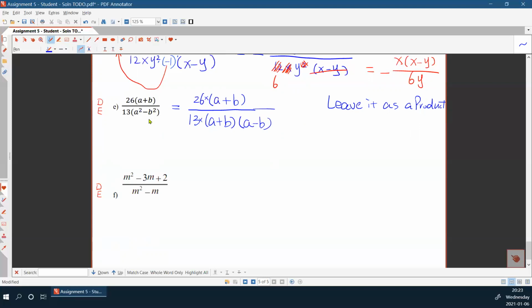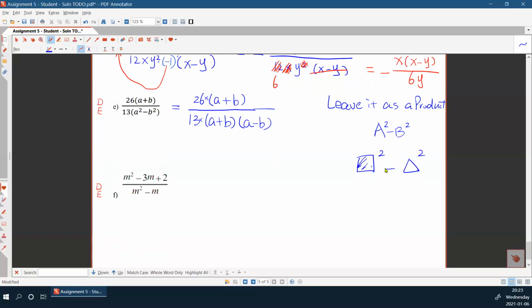Do you recall the rules here? Do you recall the formulas? If you are still not familiar with this formula, write it in your notebook, write it in your error book. Something squared minus something squared. The signs don't matter.